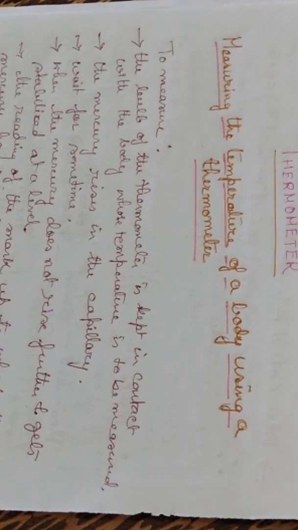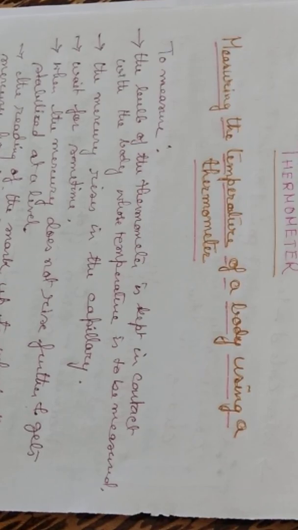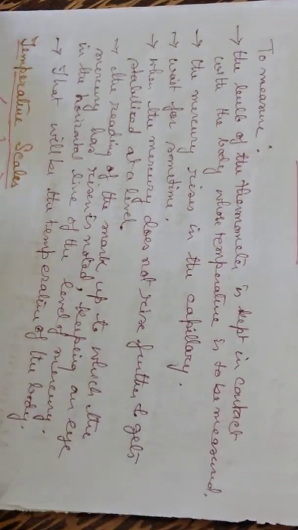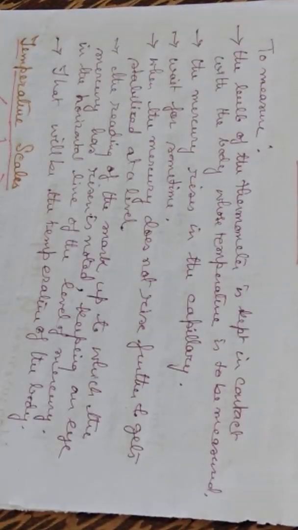The mercury gains heat, expands and rises in the capillary tube. Then wait for some time till the rise of the mercury stabilizes to a certain point.